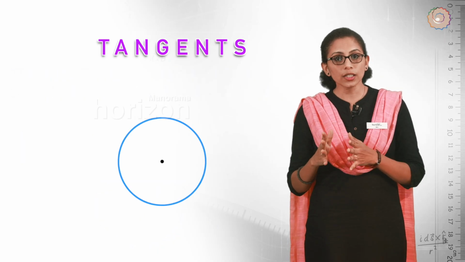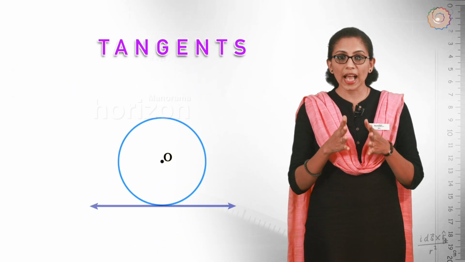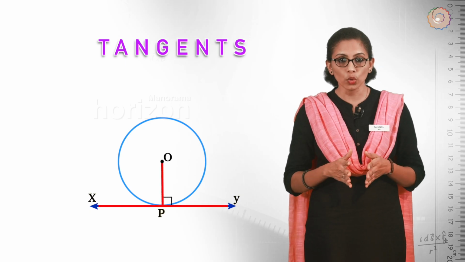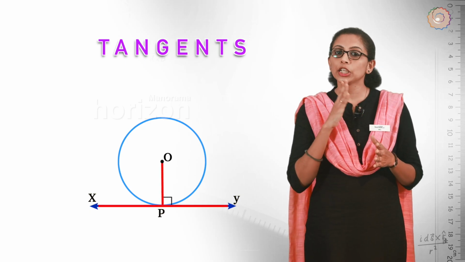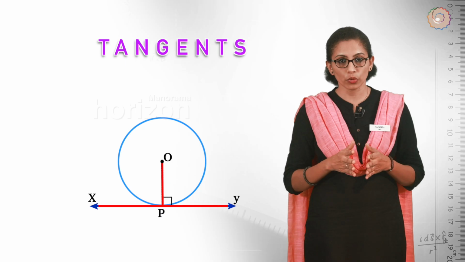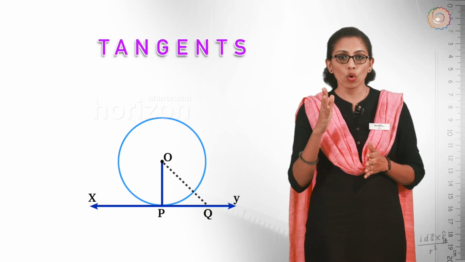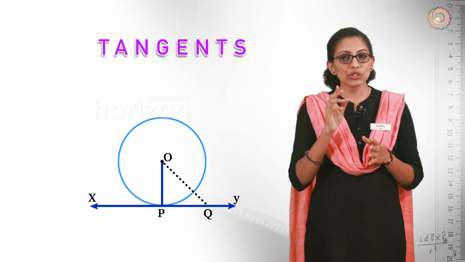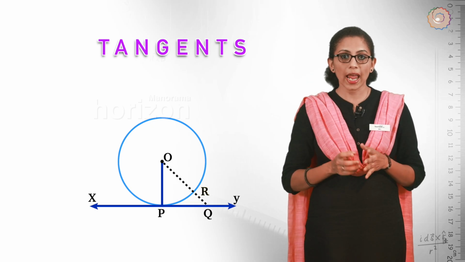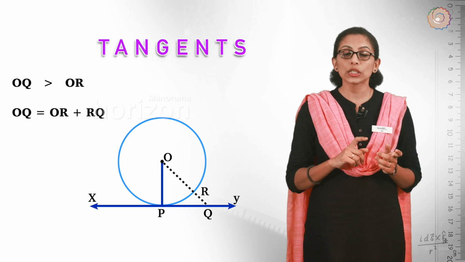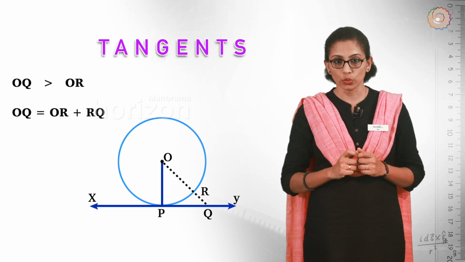Given a circle with center O with tangent XY at the point of contact P. To prove: OP is perpendicular to XY. Proof. Let Q be a point on XY. Join OQ. Suppose it touches the circle at point R. Hence, we can say OQ is greater than OR since OQ is equal to OR plus RQ.